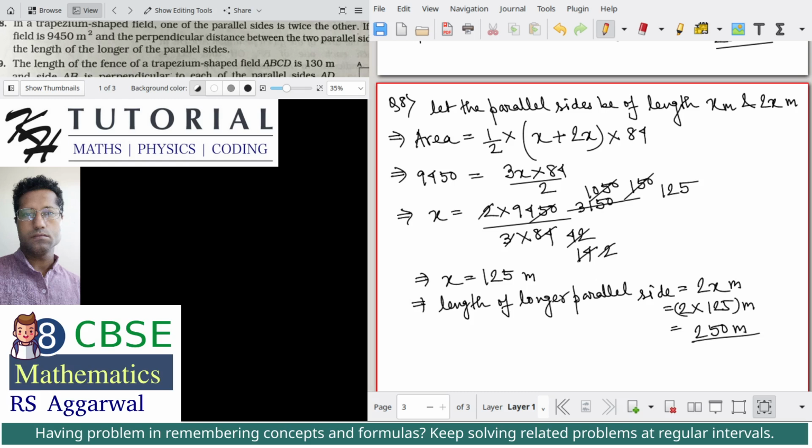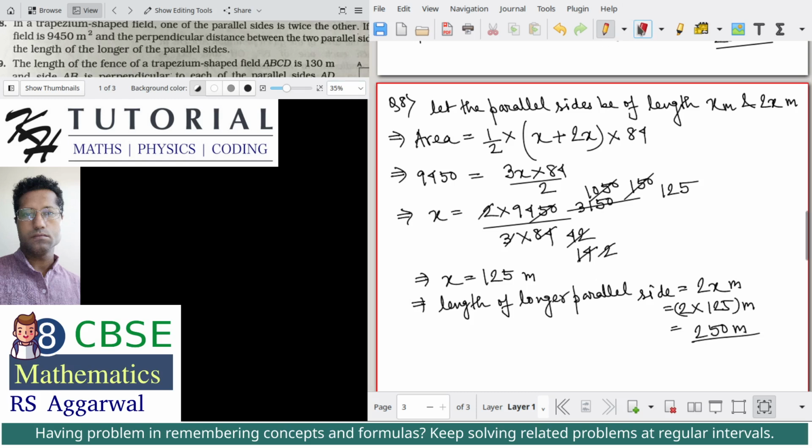I might be making some calculation mistake. What is the value of x? X will be 9450 multiplied by 2 divided by 3 divided by 84, which is 75. Oh, sorry, my mistake. It is 75 actually.